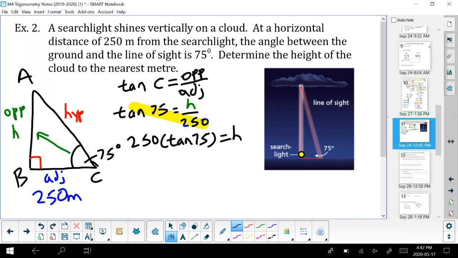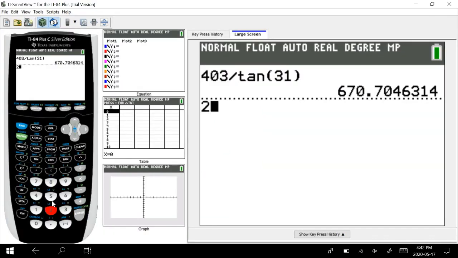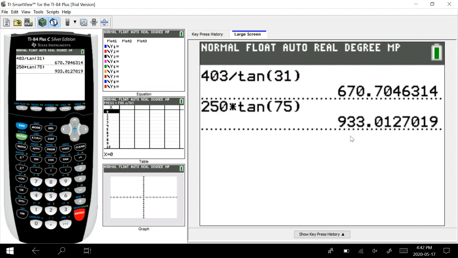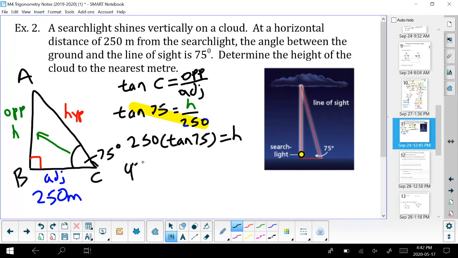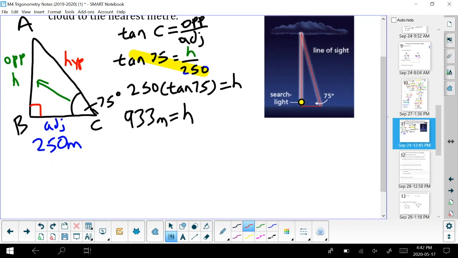So let's plug that into my calculator. So 250 times the tangent of 75 gives me a grand total of 933. So in this case, 933 meters is my height. And again, get into a really good habit of writing out a sentence to solve each of your word problems.